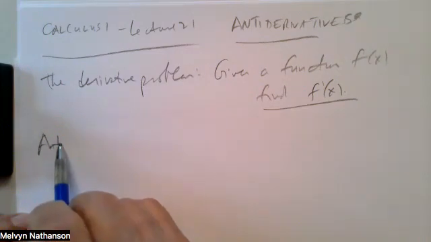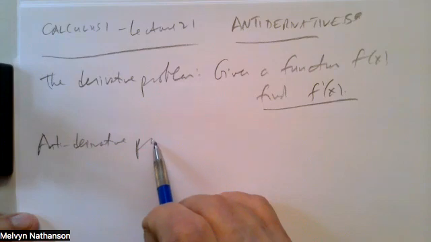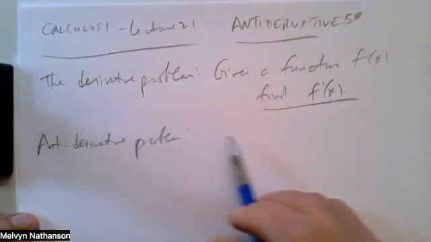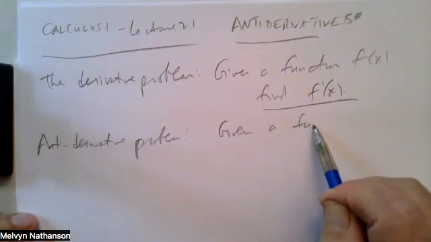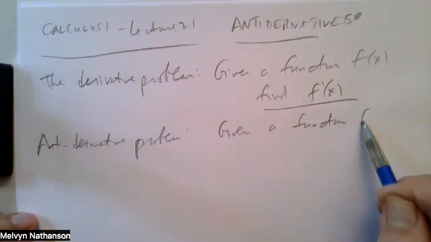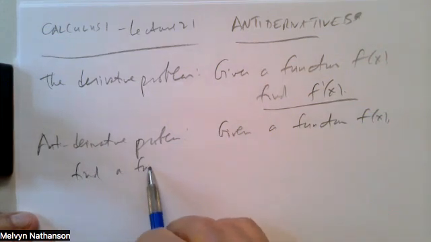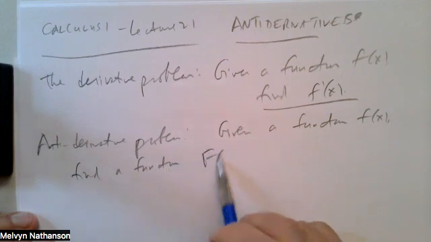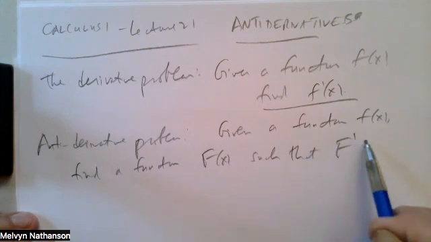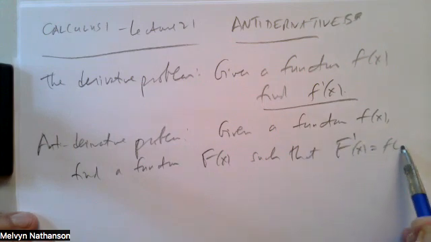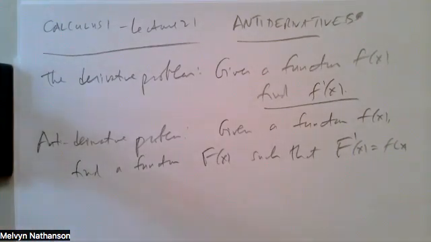And what we can call the antiderivative problem is: given a function f of x, find a function capital F of x such that the derivative F prime of x is our function. So we're given the derivative of a function and we want to find the function.